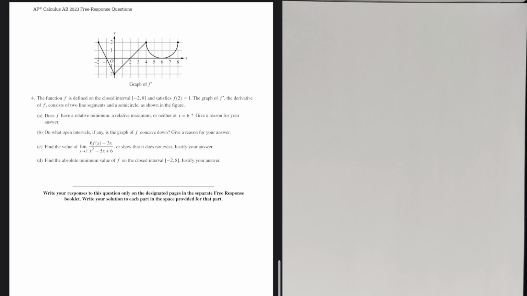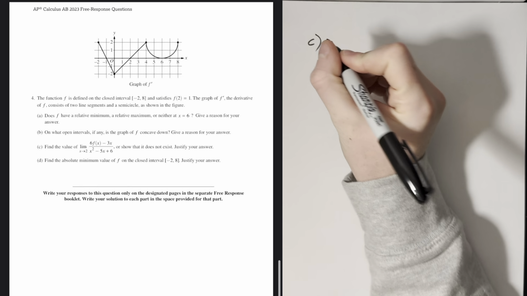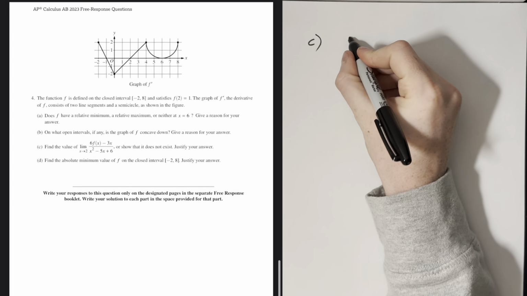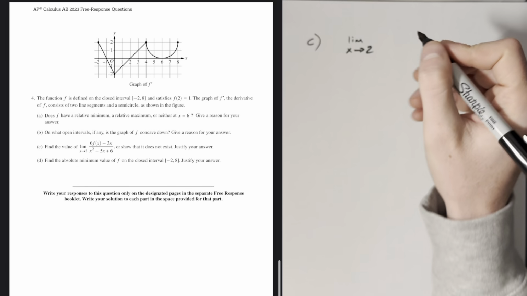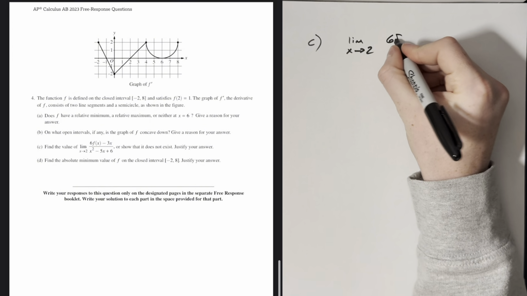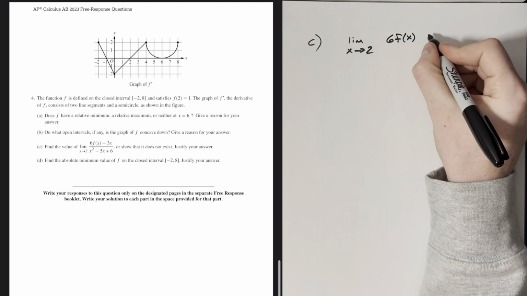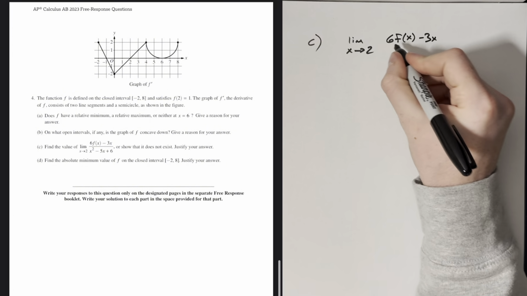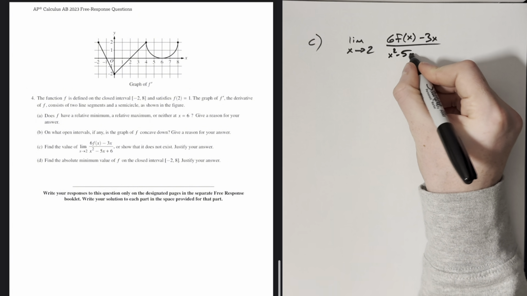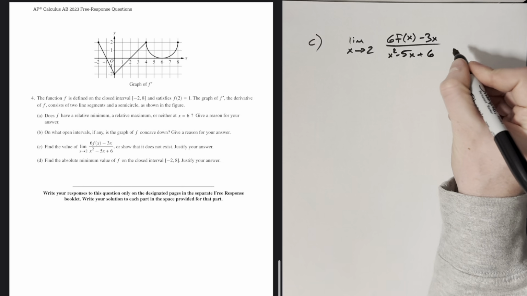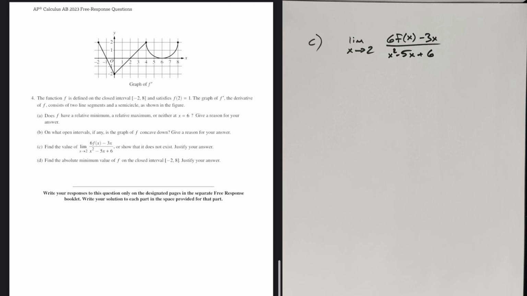But let's move on. Part C, we've got a limit. I really love limits. I don't know about you guys, but it says find the value of the limit as x approaches 2 of 6 f of x minus 3x divided by x squared minus 5x plus 6, or show that it does not exist.